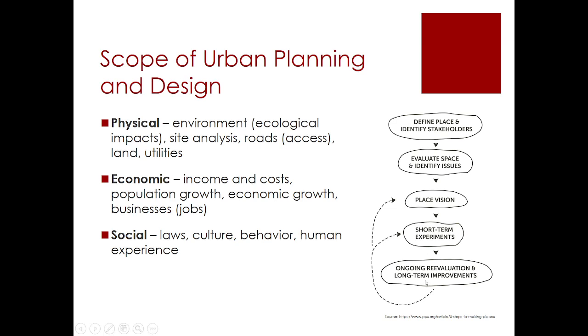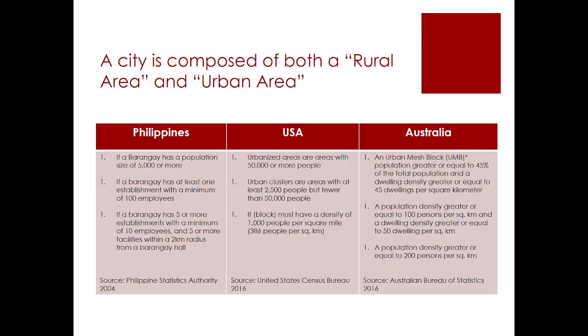And then, of course, the 5th step, which is often forgotten, is the ongoing evaluation and long-term improvement. So once the proposal is done, it's approved, it's built, you need to constantly maintain it, because as you know, the city is constantly changing, and we need people to monitor that change so that our plans are updated and the quality of life is maintained or improved.